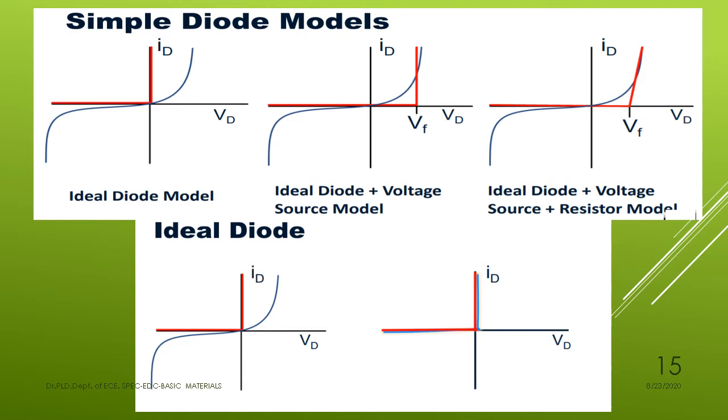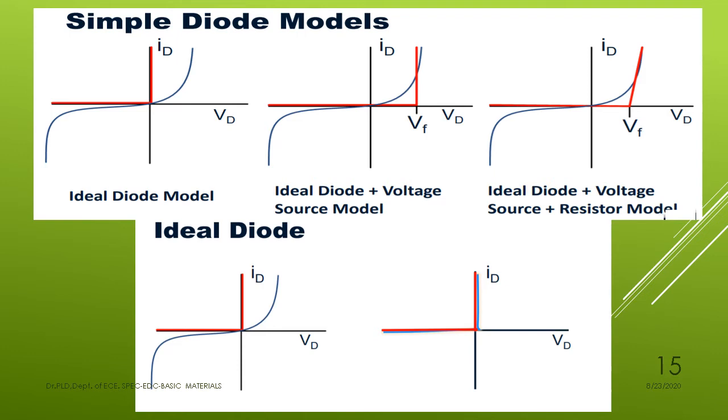In case of ideal, the red line indicates it, and in case of practical, ideal diode plus voltage source model, this blue line indicates the characteristics of the diode in the forward bias and reverse bias with the voltage source model. The third figure indicates the ideal diode plus voltage source plus resistor model.